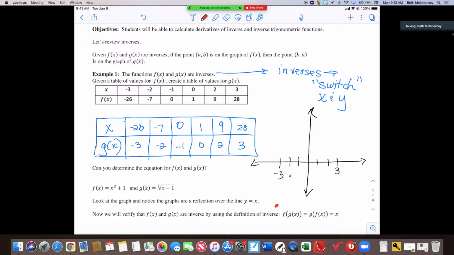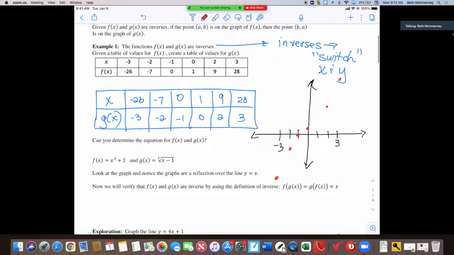Negative 2, negative 7, negative 1, 0, 0, 1. Then I have 2, 9, 3, 28. So if you remember a cubic, this is f of x.